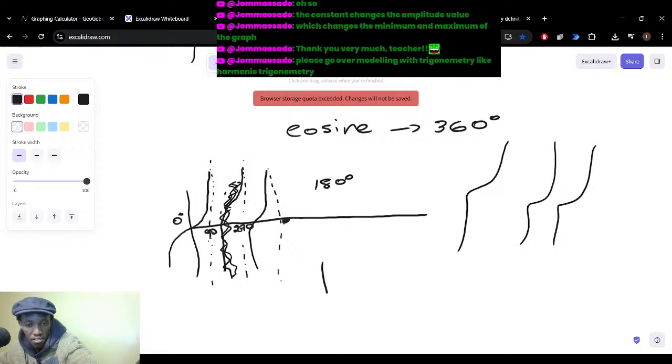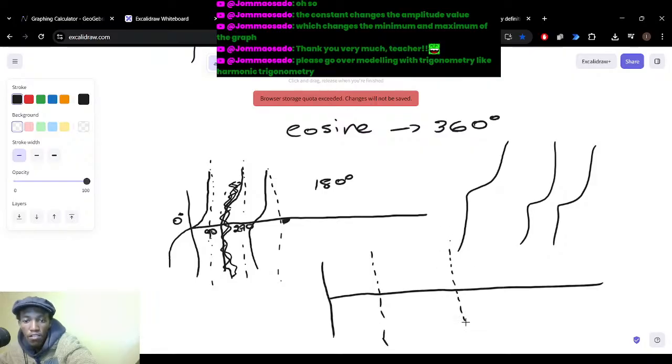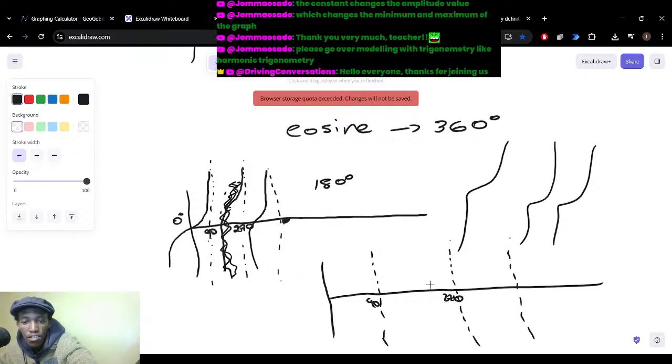So what I mean by this, let me just redraw this so that it can properly make sense. I'm going to first draw my asymptotes. So this is 90, this is 270. Yeah, it's something like this.